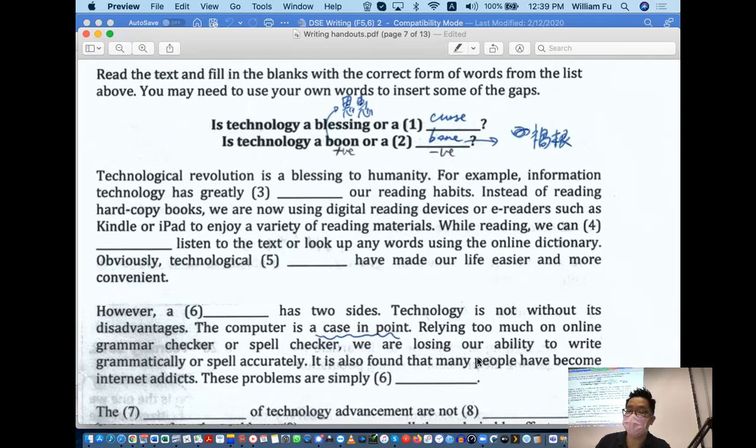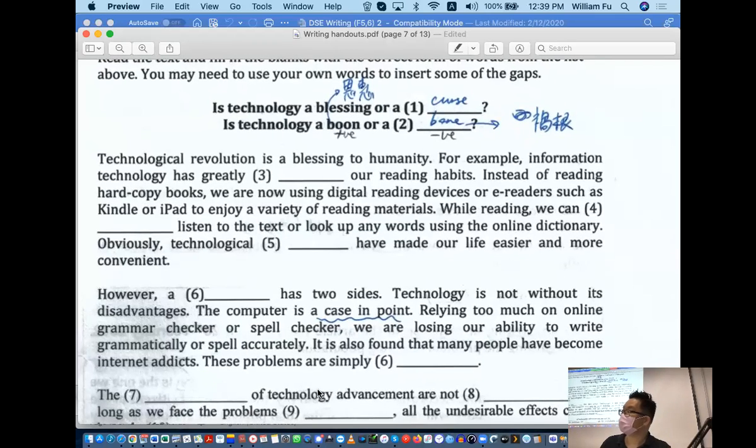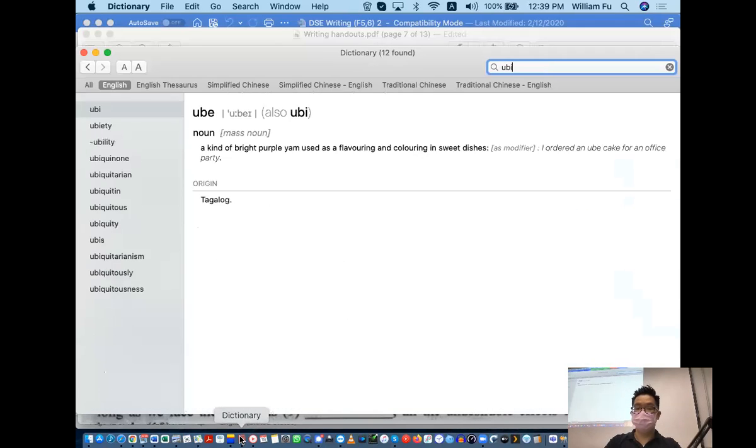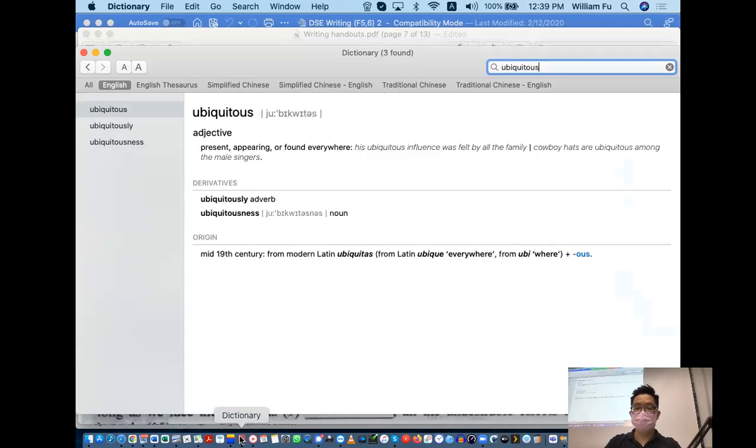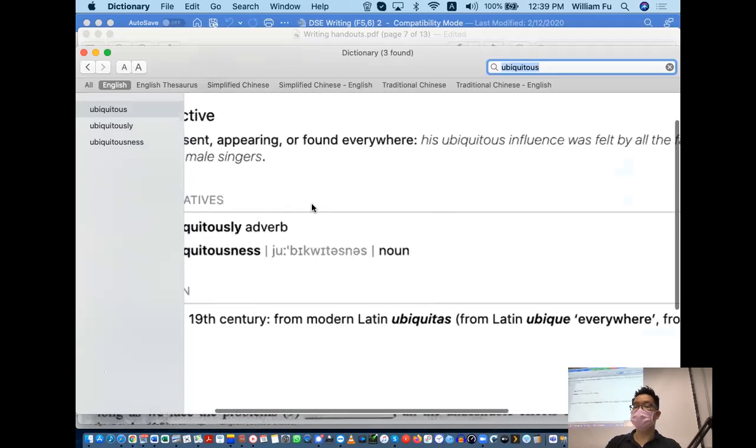It's also found that many people have become internet addicts. These problems are simply what? Actually, there are many words. For example, you might say simply common, or I give you one word, ubiquitous. Now, this word. See, what does it mean?